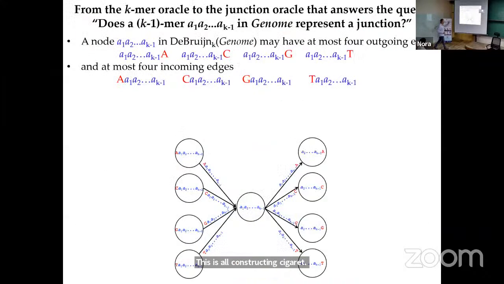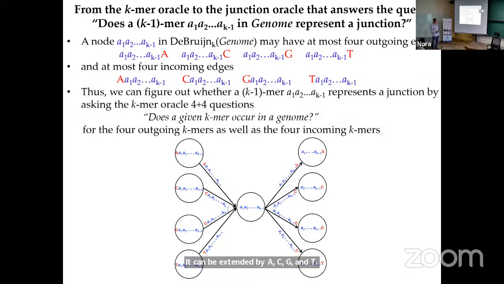So let's see. A k minus one mer in the genome may have only 4 outgoing edges. It can be extended by A, C, G, and T, right? And only 4 incoming edges.